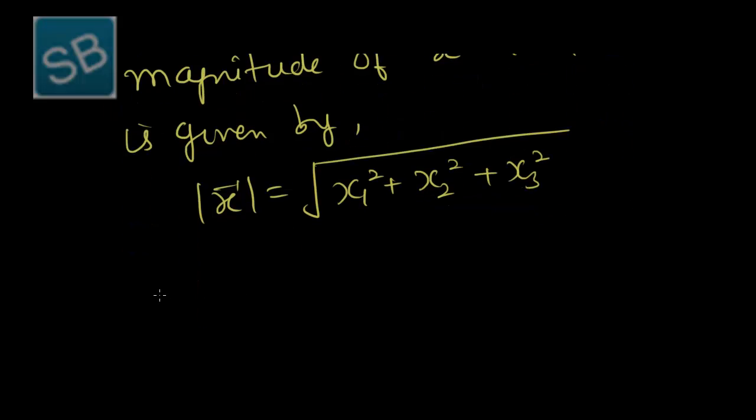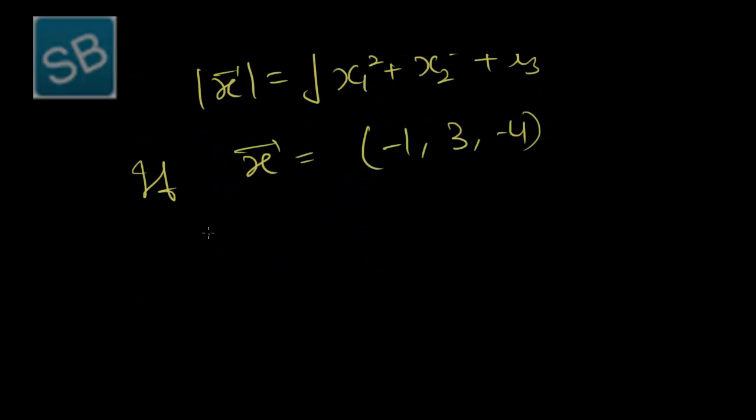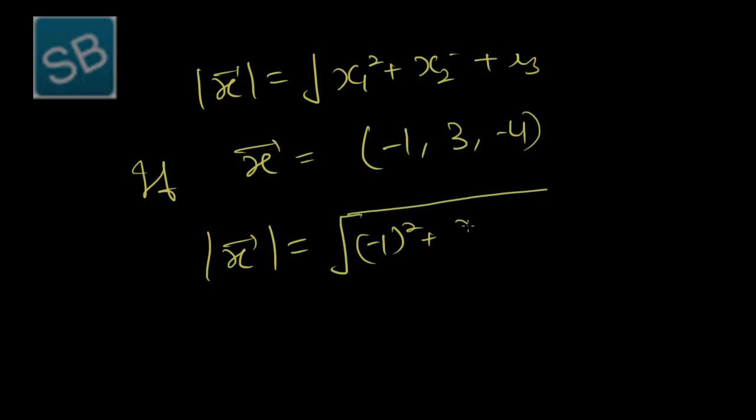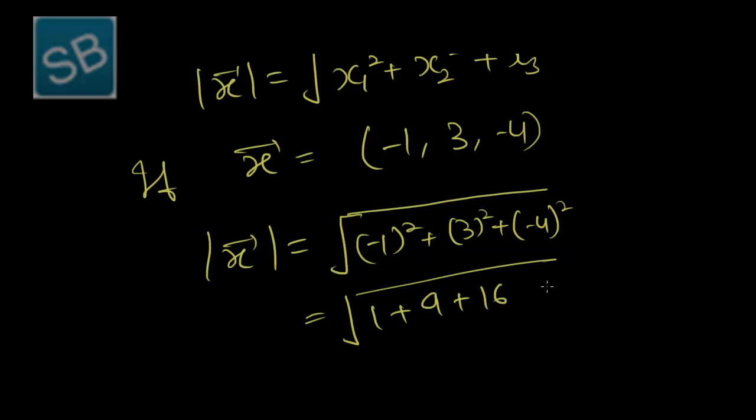For example, if vector x is (-1, 3, -4), then its magnitude will be the square root of (-1) square plus 3 square plus (-4) square, that is 1 plus 9 plus 16, which is the square root of 26. So that is the magnitude of a vector.